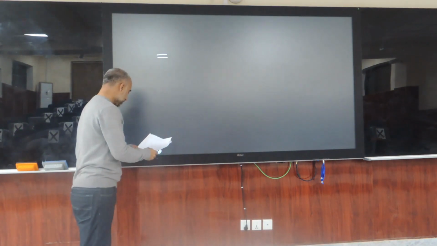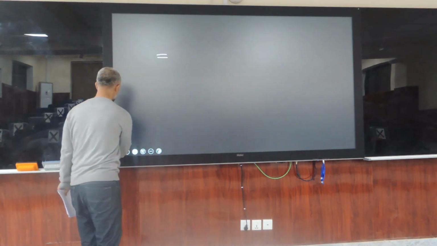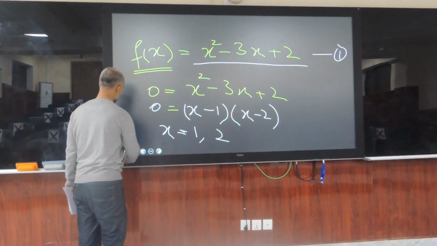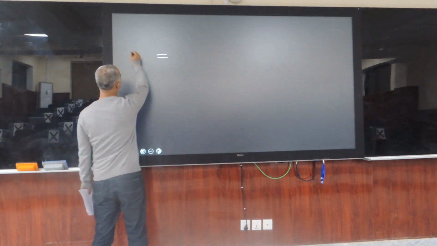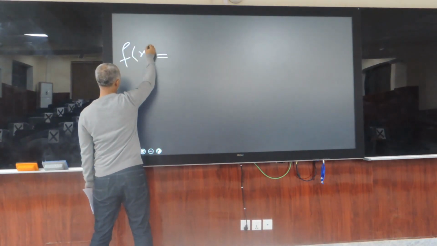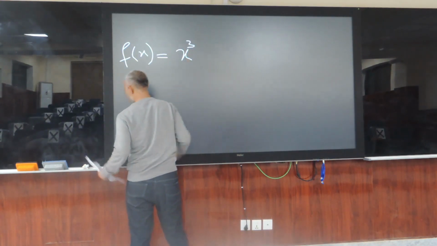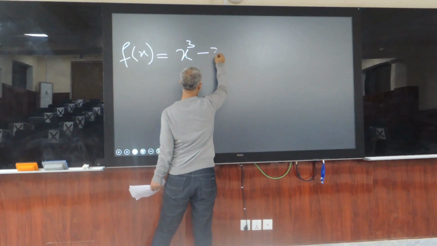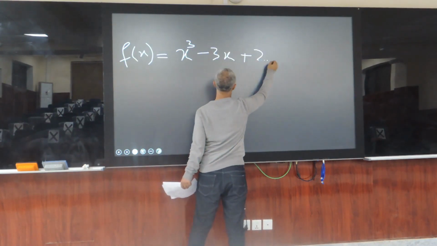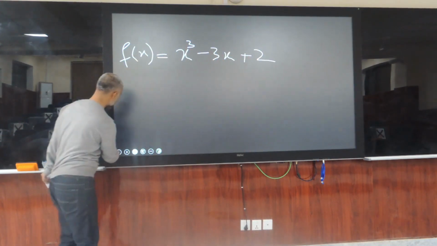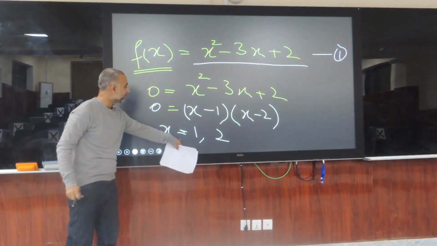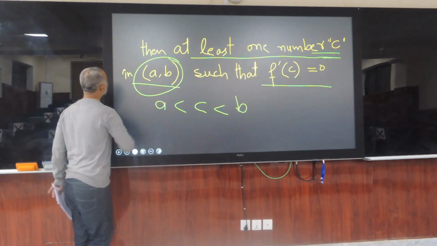So by substituting the values here, let me rewrite this. x cube minus 3x plus 2, and from the last expression we get x equal to 1 and 2.